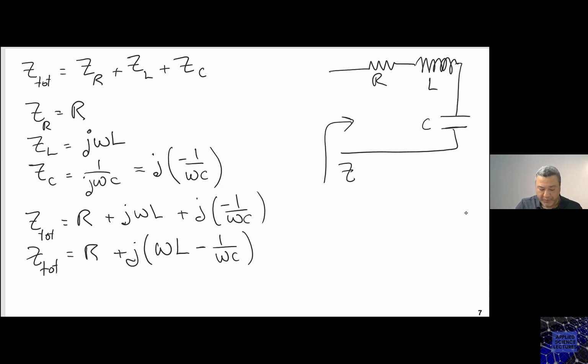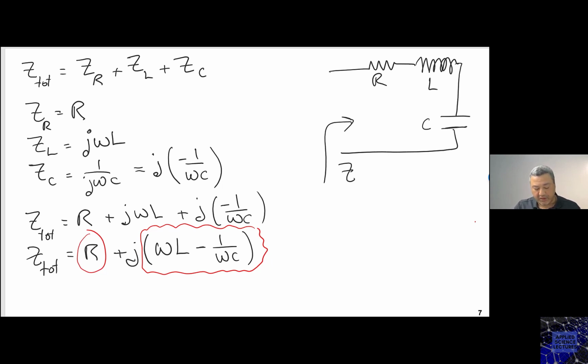So this whole part is the reactance, and this is the real part of this impedance.